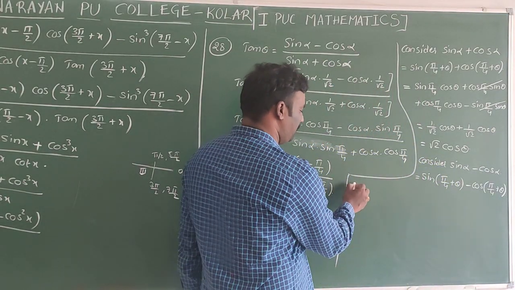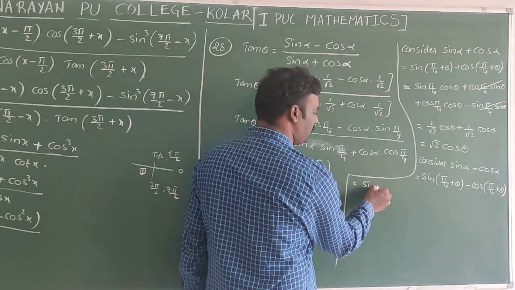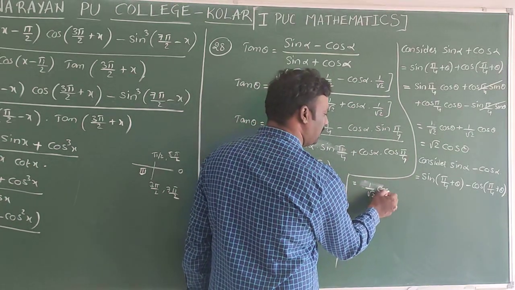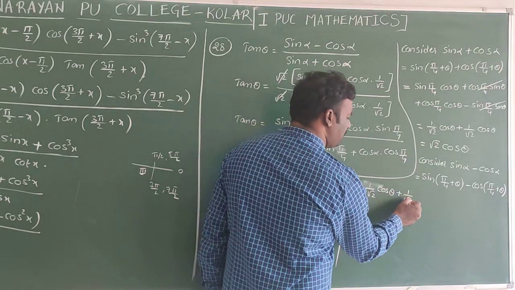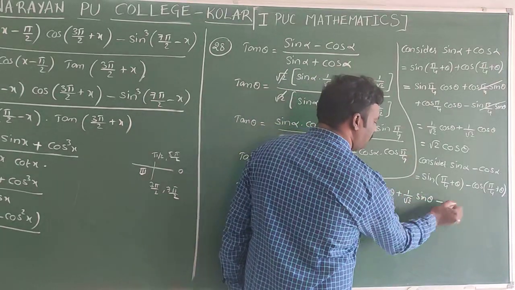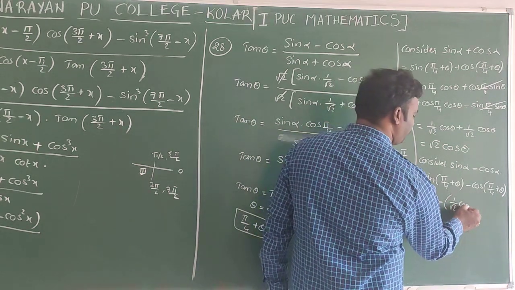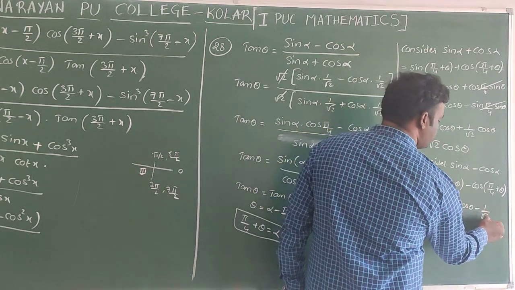Okay. Now it can be written as sin A cos B, directly I am writing, plus cos A sin B, cos of A plus B, cos A cos B minus sin A sin B.